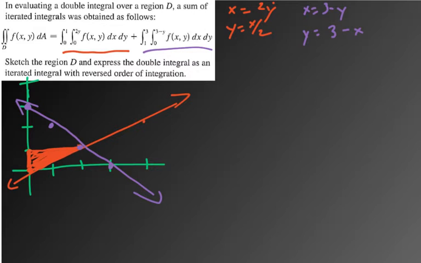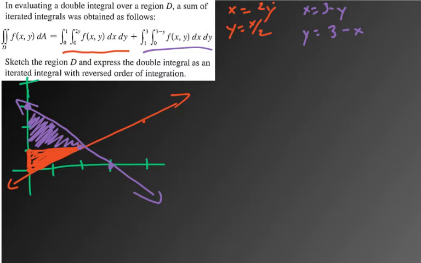And now we're again going from 0 over to 3 minus y. And this time we're going 1 to 3 in y. So 1 up to 3 right there. So basically we're getting this triangular region for the second chunk.